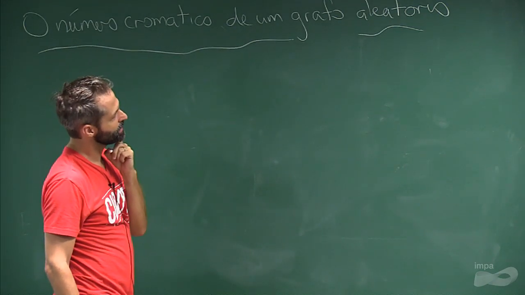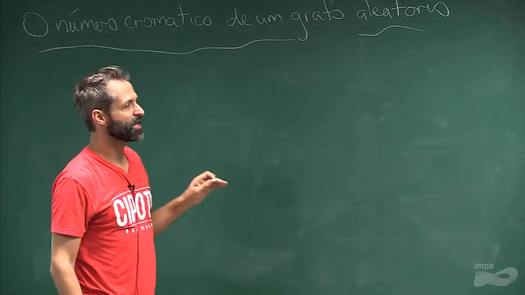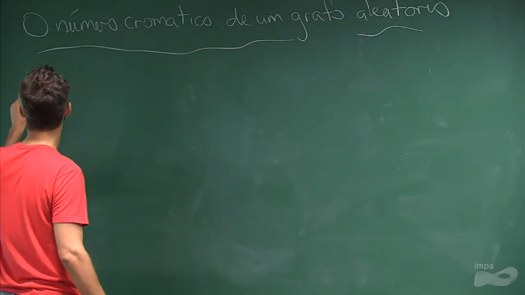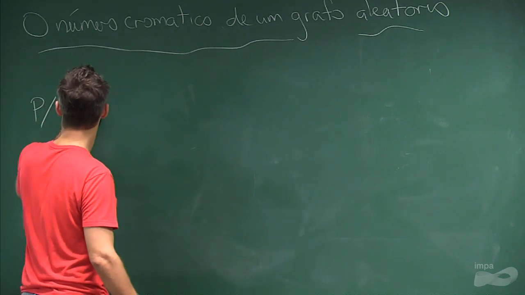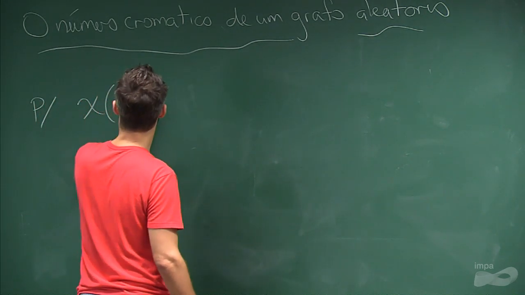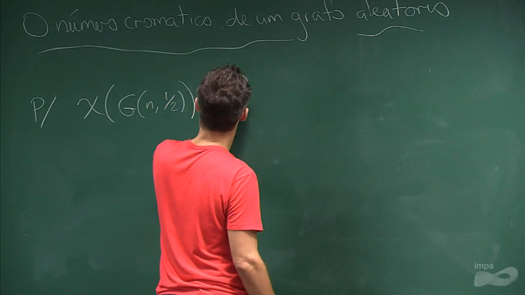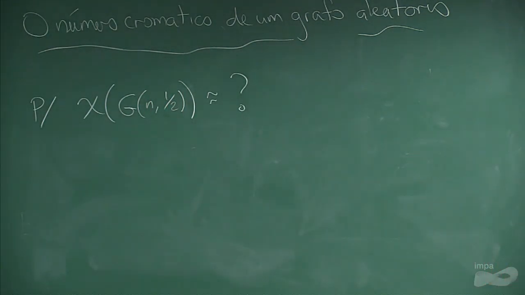Okay. In particular, let's focus on the case where p is a half. So, question: what is the chromatic number of G(n, 1/2)?